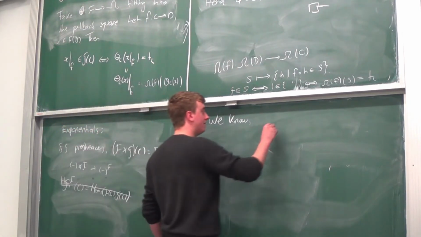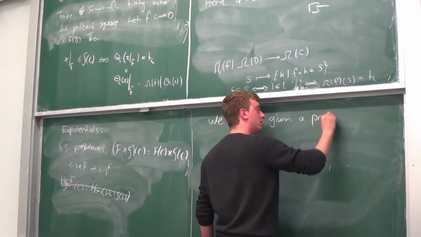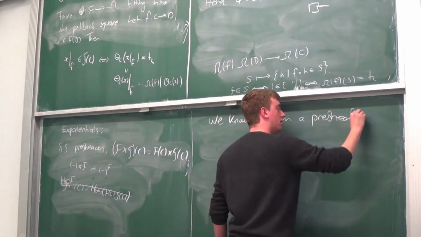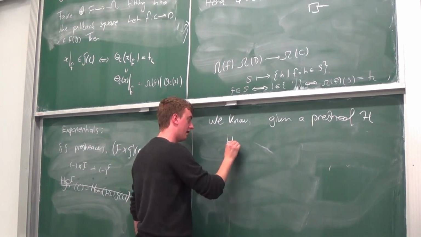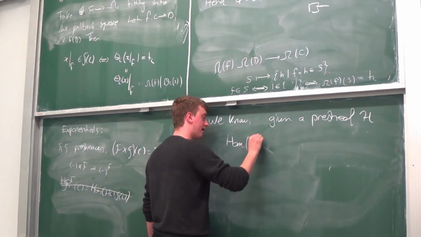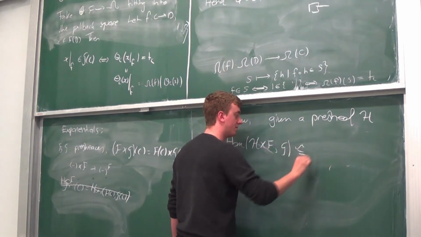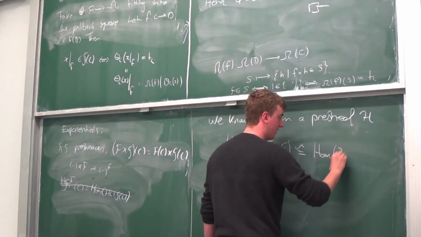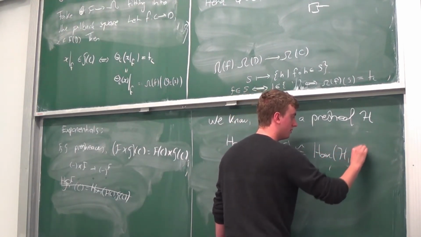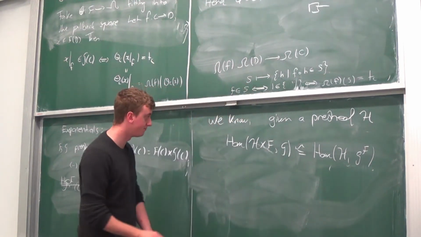So we know that if we have a presheaf H, then we need that hom of H times F into G has got to be in bijection with hom H into this exponential of G with F.